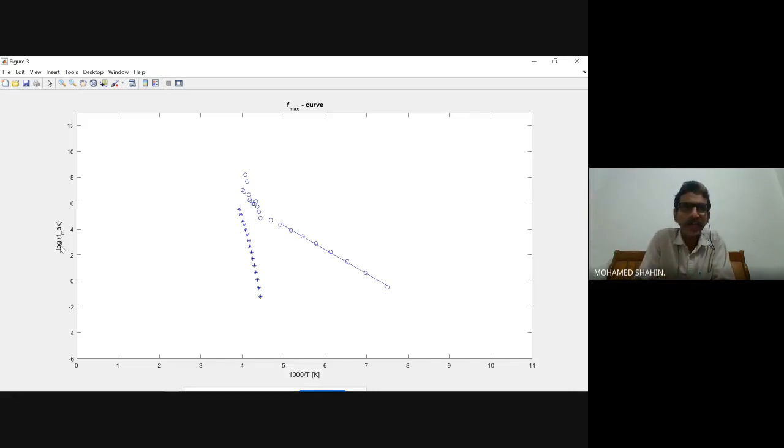Relaxation time refers to how much time the system needs to come back to equilibrium. Equilibrium in the sense that the system is dynamic, it is not static.